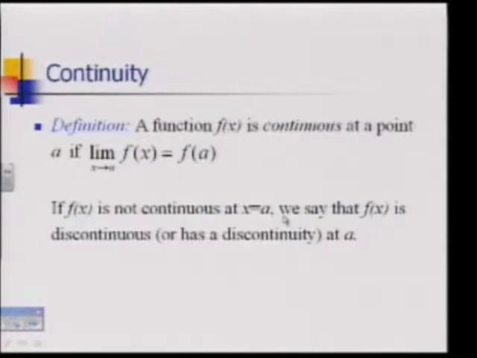For any point, you can basically find a sequence that approaches that, right? Intuitively, a continuous function means that you can draw it without breaking, without moving your pen. Okay, very good.